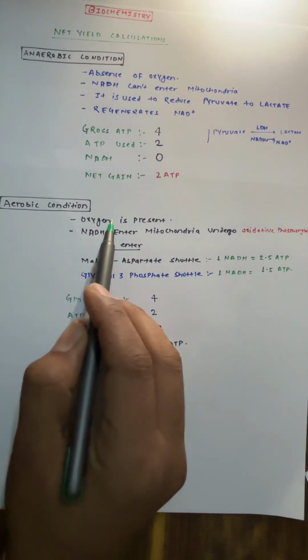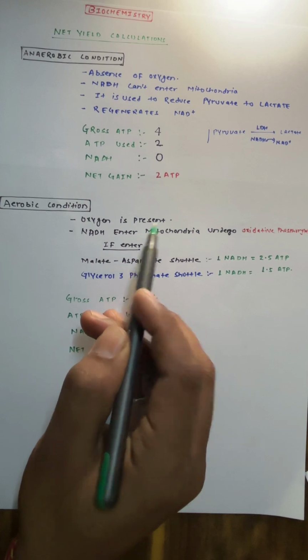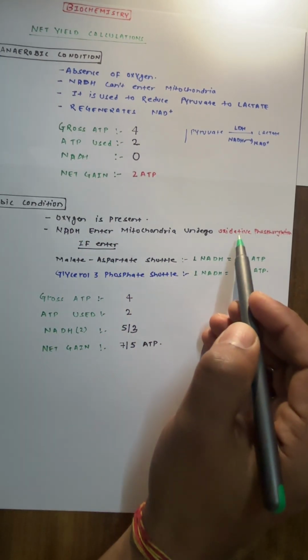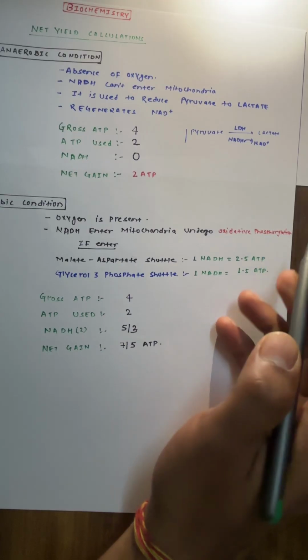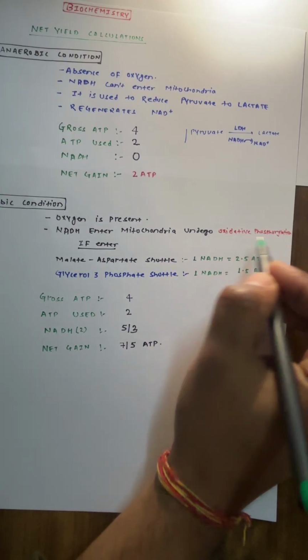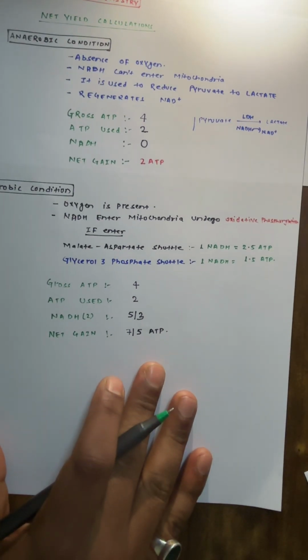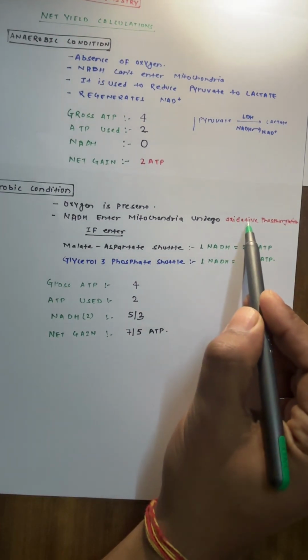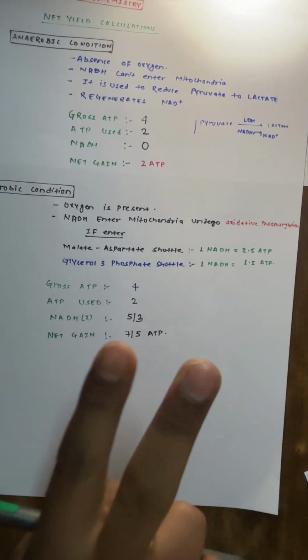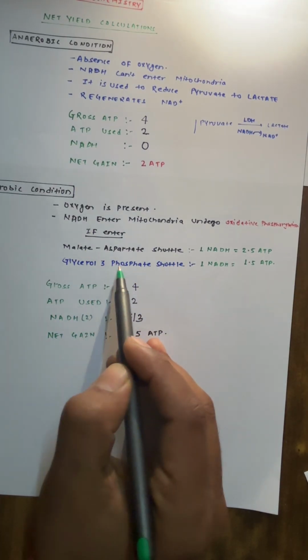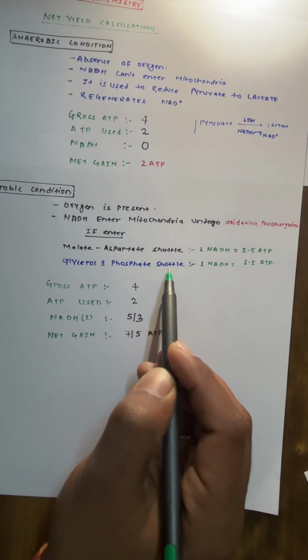Now we'll see that in aerobic conditions. In aerobic conditions there will be presence of oxygen. Oxygen is present, so the NADH can enter the mitochondria to undergo oxidative phosphorylation. Oxidative phosphorylation is a process through which NADH will get converted to ATP. Now in oxidative phosphorylation there are two gates: one is the malate aspartate shuttle and the second one is the glycerol 3-phosphate shuttle.